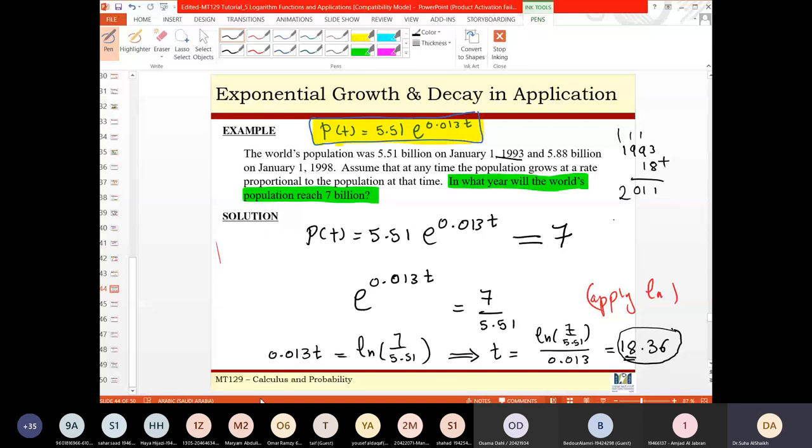So at the year 2011, the population will be 7 billion, which answers the question. Actually it is somewhere between 2011 and 2012. It's 18.36, we add 18, so it is 18 and a little. So between 2011 and 2012 the population will be 7 billion.